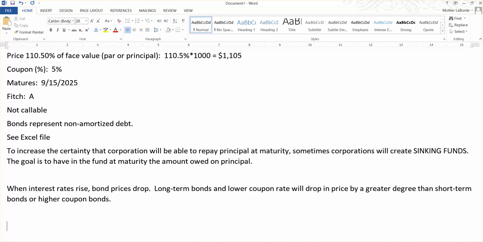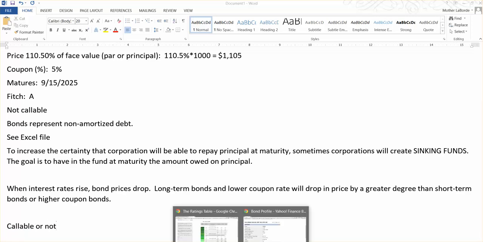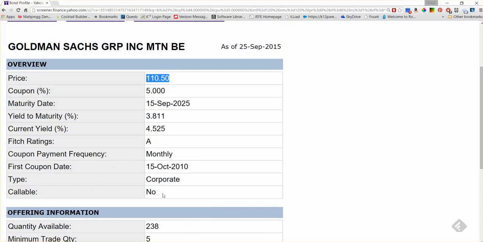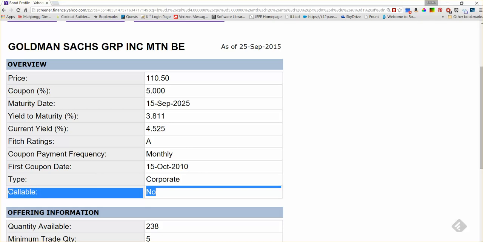Another thing about bonds is the call feature. One thing that we saw on this bond is it just says callable, no. So I need to explain what the call feature is.